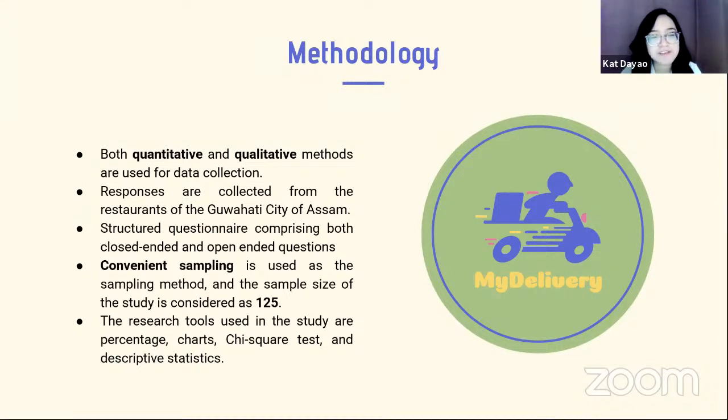For the survey purpose, convenient sampling was used as the sampling method, and the sample size of the study is considered 125. The research tools used in the study are percentage, charts, chi-square tests, and descriptive statistics.